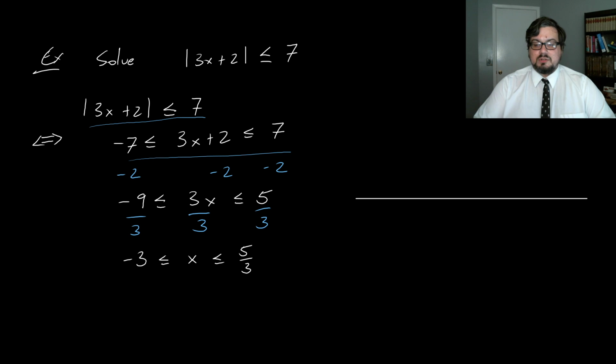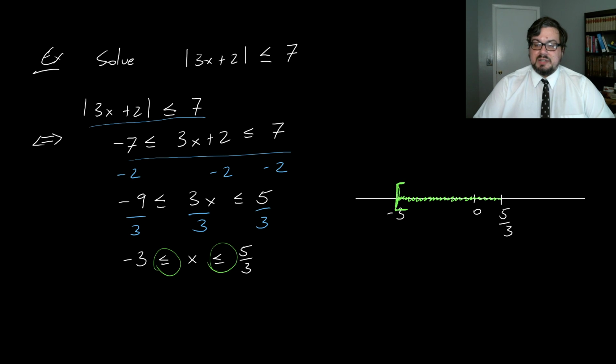We can sketch it out either on a number line, or we can give the interval notation, or both, depending on what's being asked for. So we're looking at all numbers x that lie between -3 and 5/3. So we're looking at all of these numbers in between. And then because these are both weak inequalities, if x actually is equal to -3, it will satisfy the inequality.